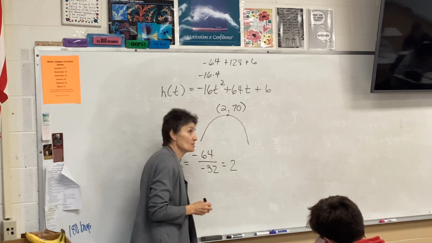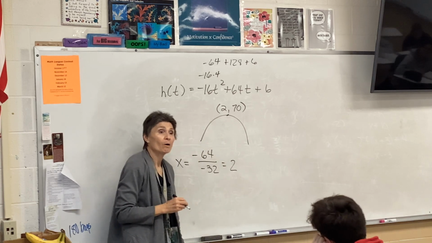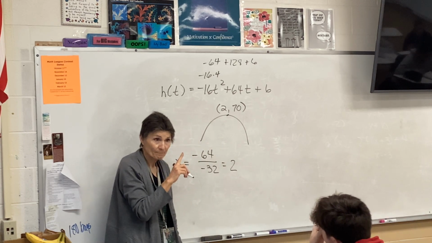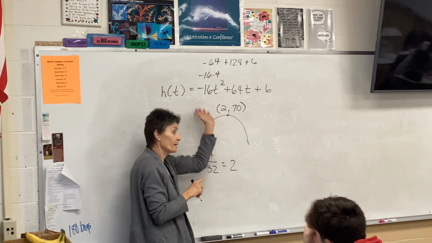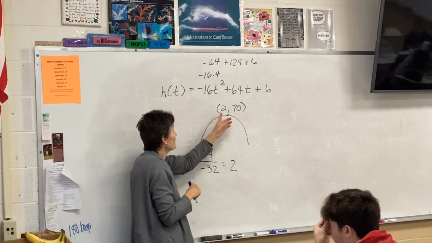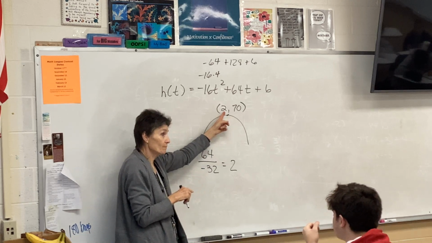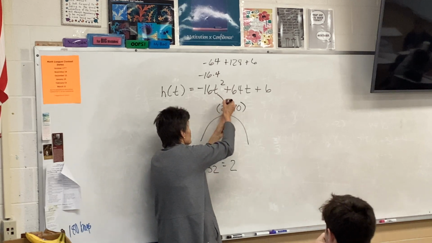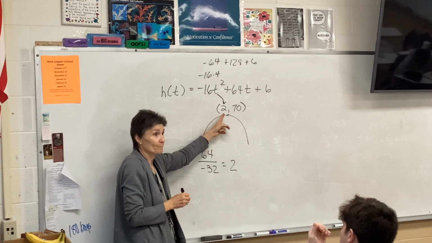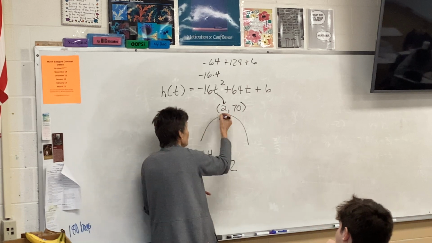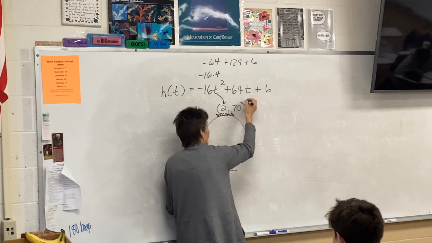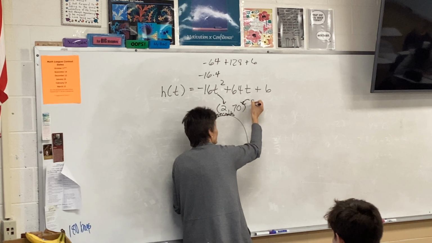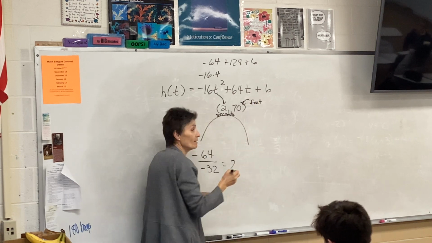Now, we talked yesterday or the other day about what these numbers mean. Always in your projectile motion, throwing an object up into the air, the first coordinate of the vertex is your time. So this is 2 seconds. The second coordinate is your feet. So this is 70 feet.